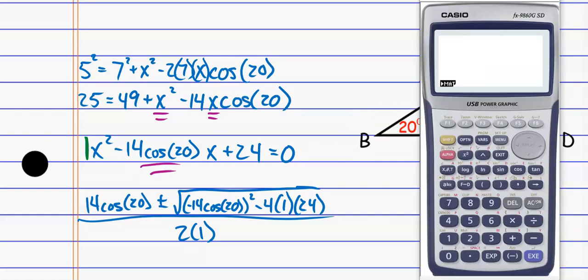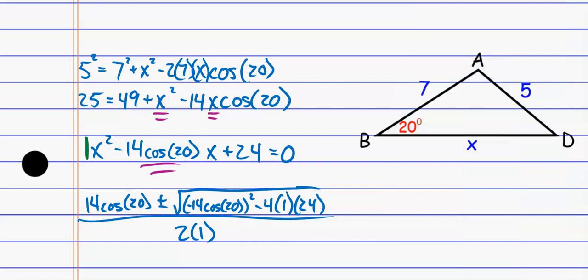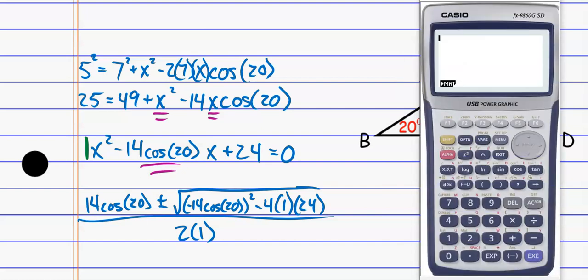To plug this guy into the calculator, here we go. I'm going to start inside the square root here, and I'm going to say, okay, I've got a negative 14 times the cosine of 20. Well, I could just hit enter there and then square it. And then minus the 4 times 1 times 24.